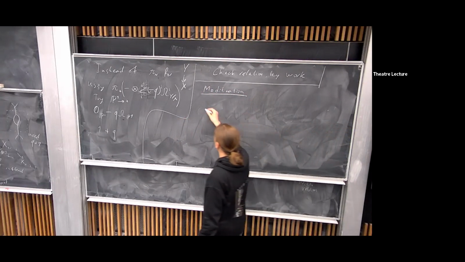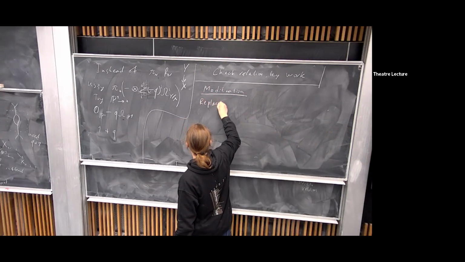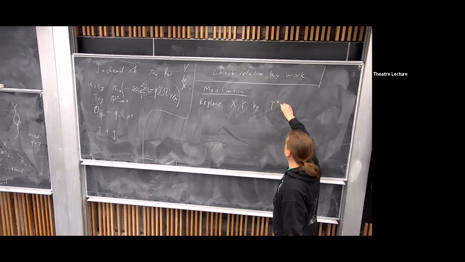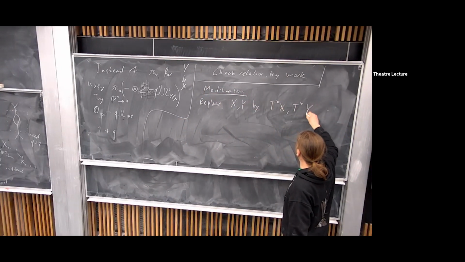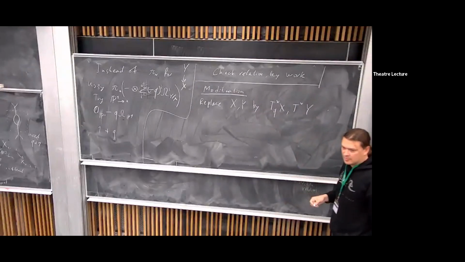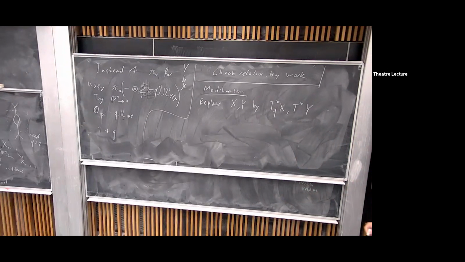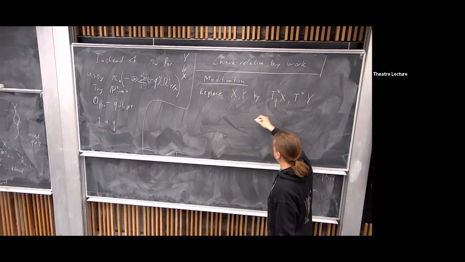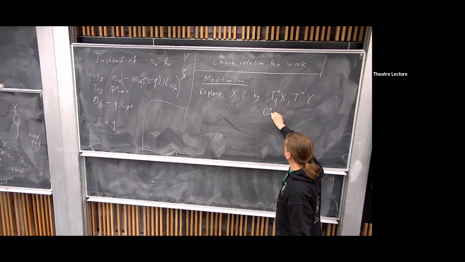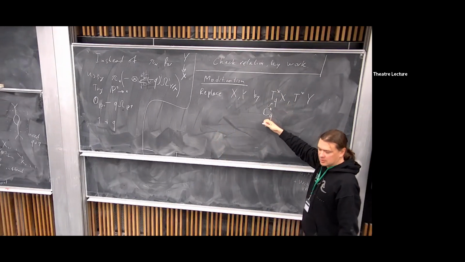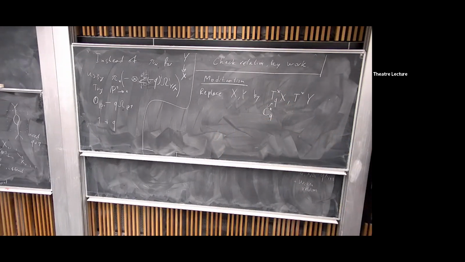So replace x, y by cotangent bundles of x, and put some equivariant parameter in the cotangent direction. So meaning that you have a torus corresponding to parameter q acting here, and q actually corresponds to a one-dimensional representation of the torus.